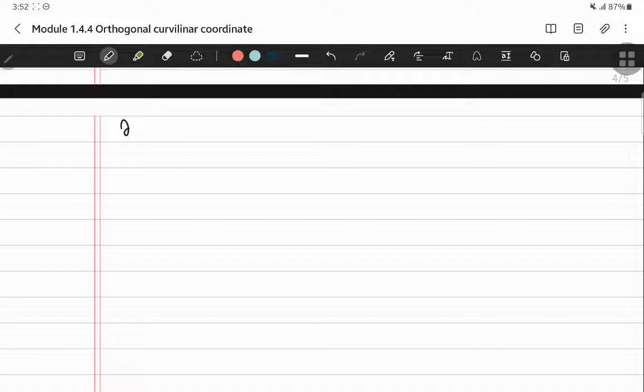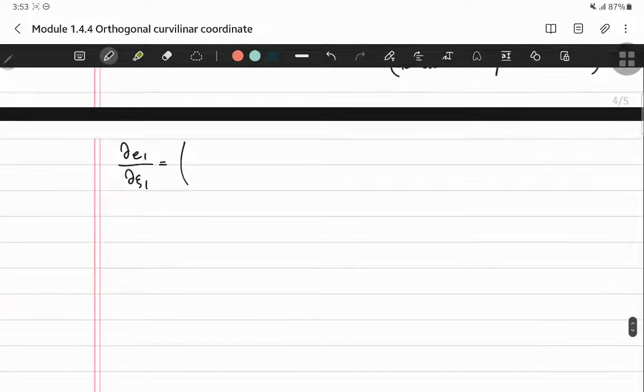We have partial derivative of e1 with respect to z1. So we have alpha and beta, and then we have gamma, or maybe it is a better idea just to write it alpha, and this is beta.